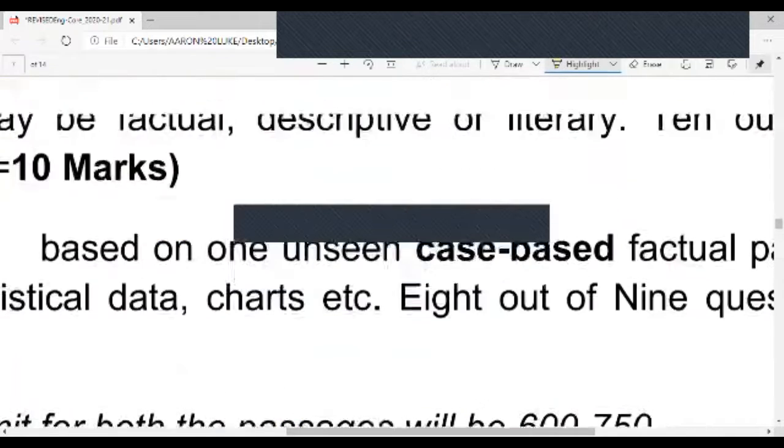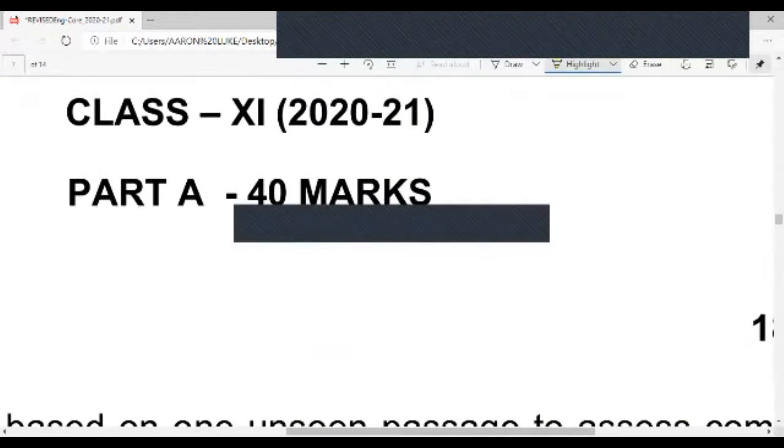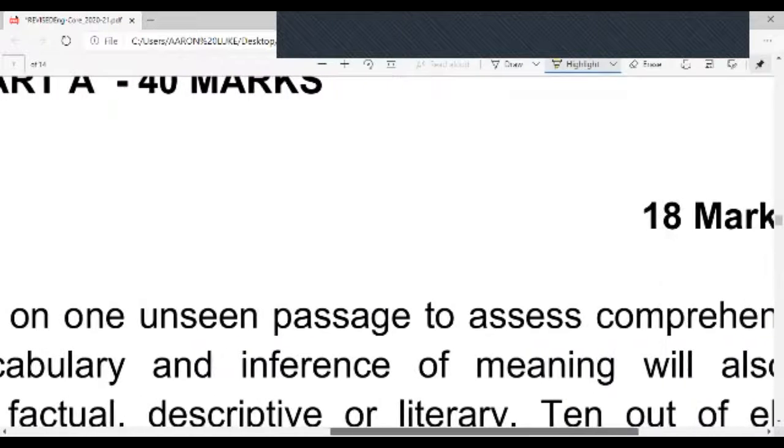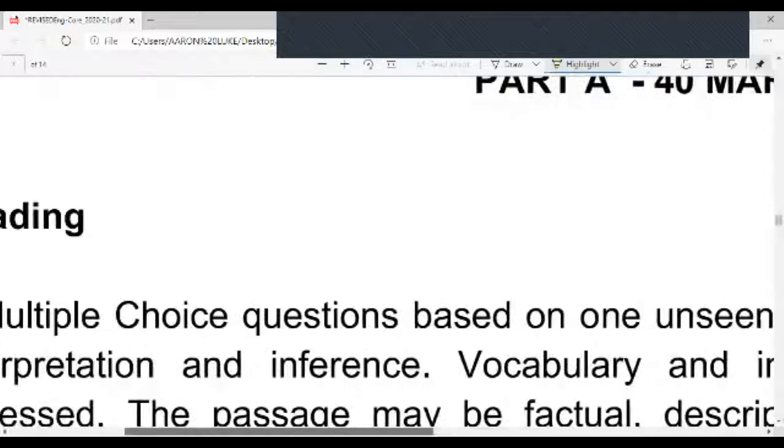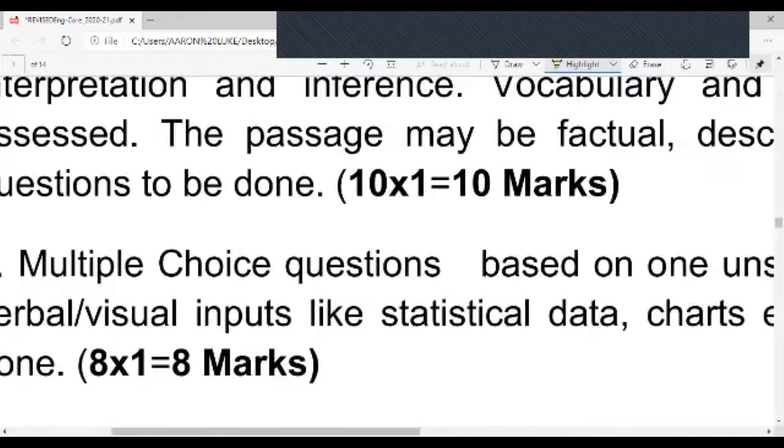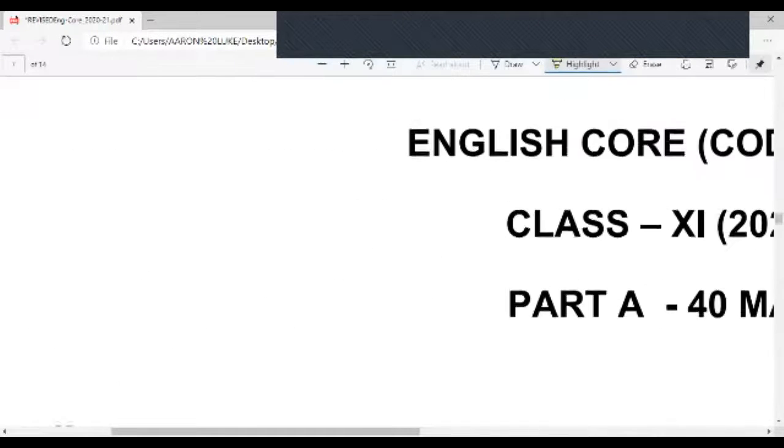Children, up to here, are you clear? Reading comprehension passage 1 carries how many marks, my dear children? Tell me, you are all beautiful Excavians in the class. Tell me, intelligent people, the first reading comprehension carries how many marks?